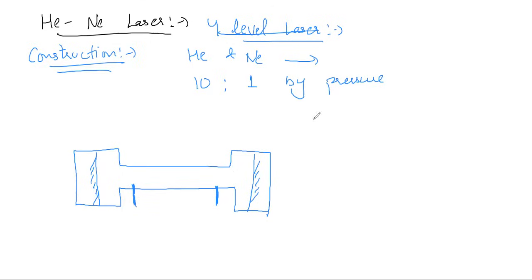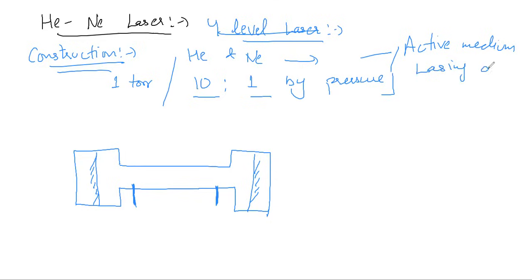In this tube, the pressure is maintained 1 torr. This combination of helium and neon acts basically as your active medium. Your lasing action, even though, look at the ratio of helium and neon. Helium, the ratio is 10:1, but the lasing action happens between neon atoms.